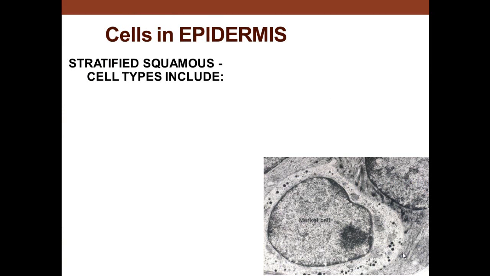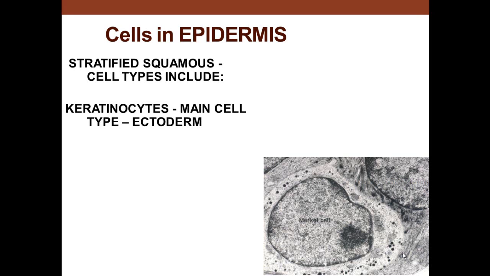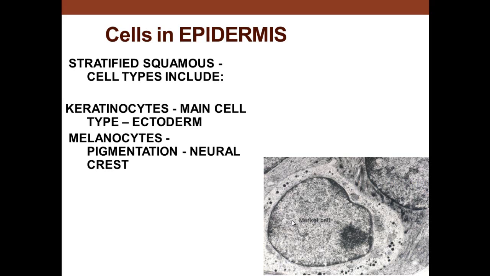Cells of the epidermis: you have stratified squamous cells that include various types of cells. You have the keratinocytes. That's the main cell type, and it's from the ectoderm, as we mentioned before. There's melanocytes. Those are the ones responsible for pigmentation of the keratinocytes, and these cells are from the neural crest.